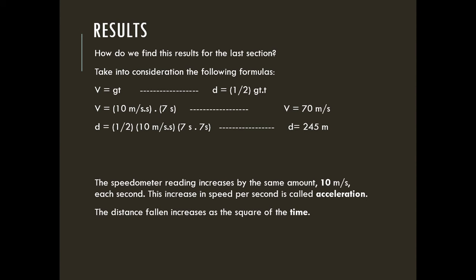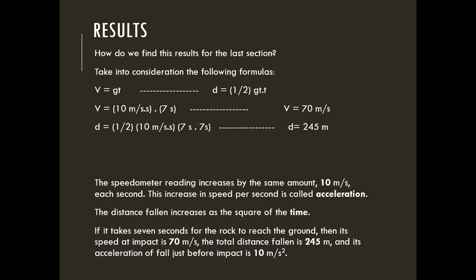The distance fallen increases as the square of the time. Remember, the value for gravity is 10 meters per second squared. So every time 1 second goes by, then it is going to double the distance, okay? And if it takes 7 seconds for the rock to reach the ground, then its speed at impact is 70 meters per second.